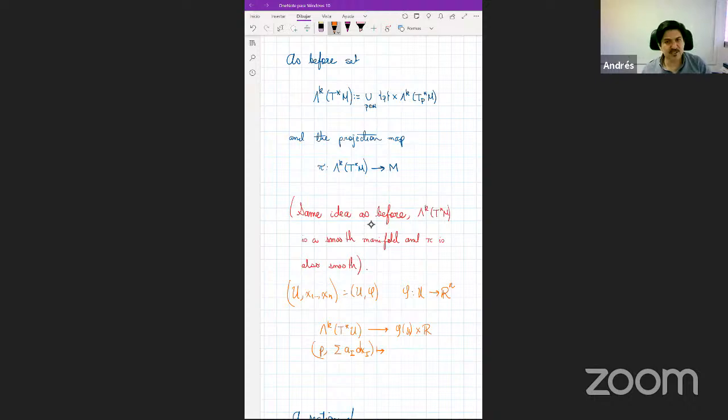But now here is R to the n choose k, and the corresponding a_I's.